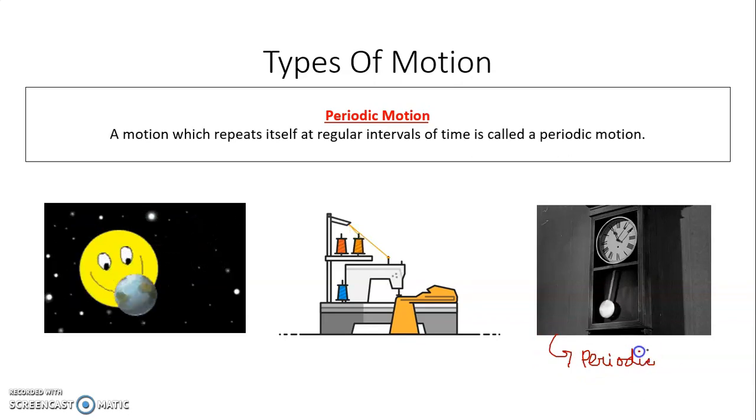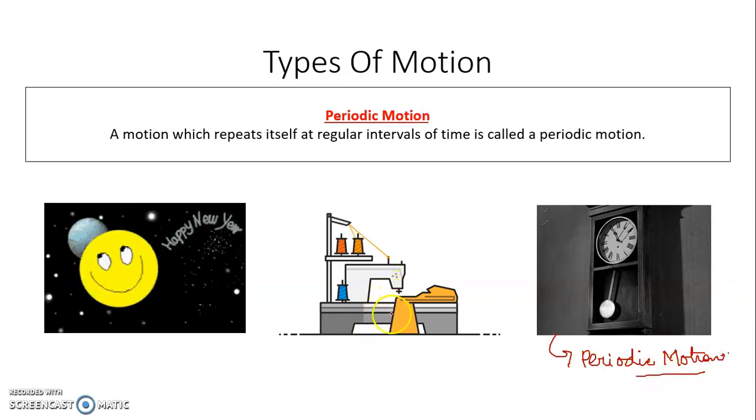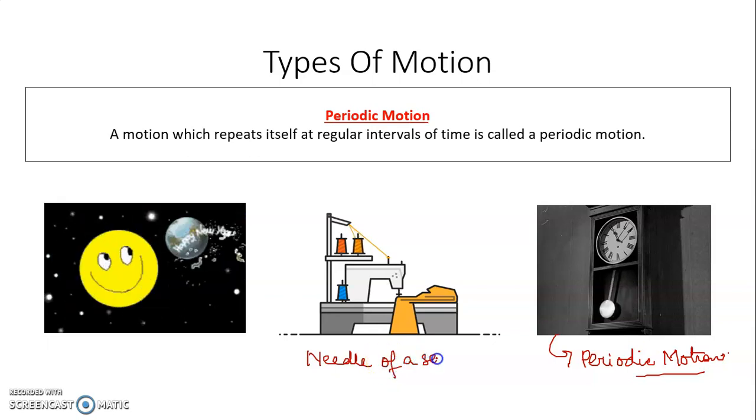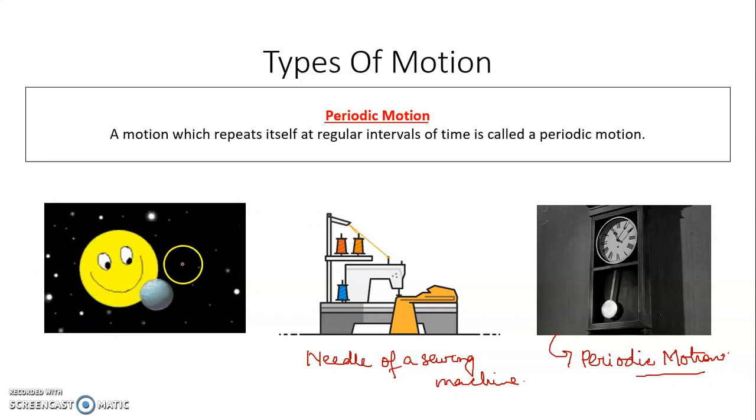Whatever kind of motion repeats itself at regular intervals, we call it a periodic motion, just like the needle of the sewing machine. This is also a periodic motion. Next, we have the earth rotating around the sun.